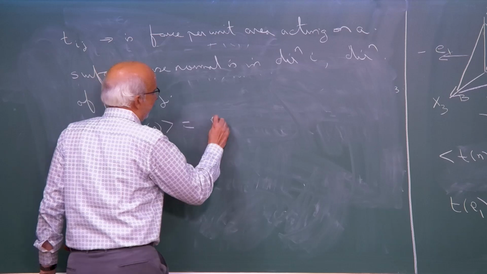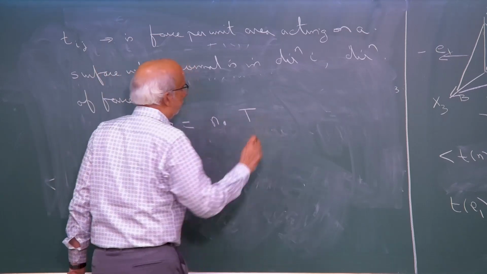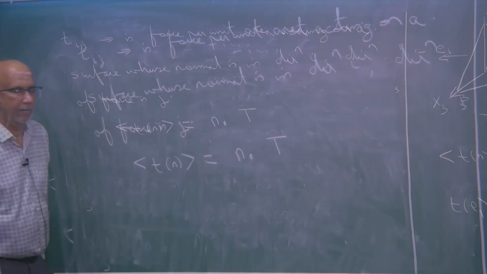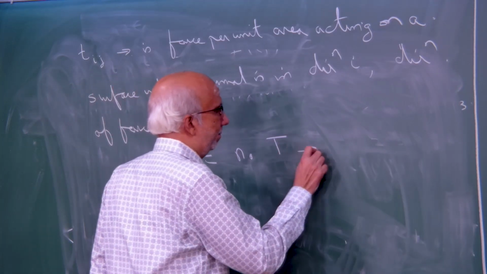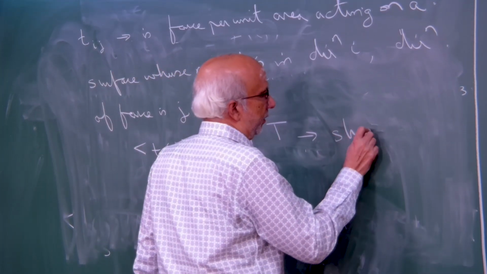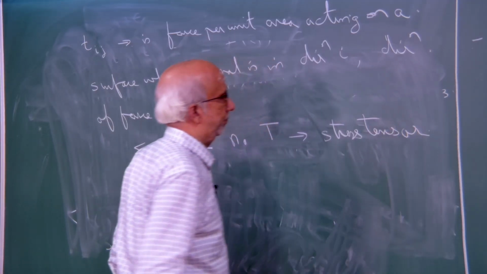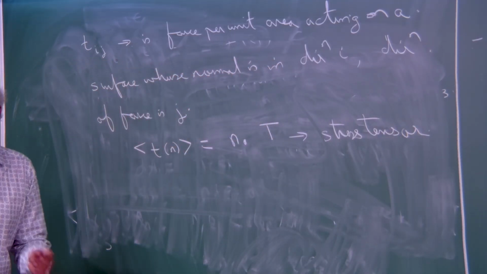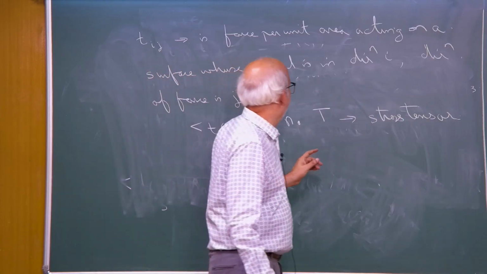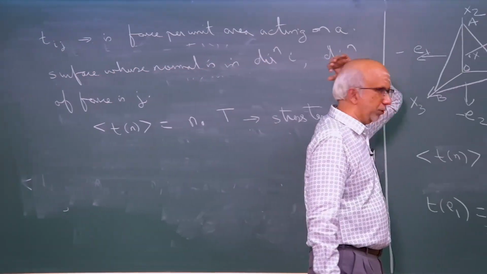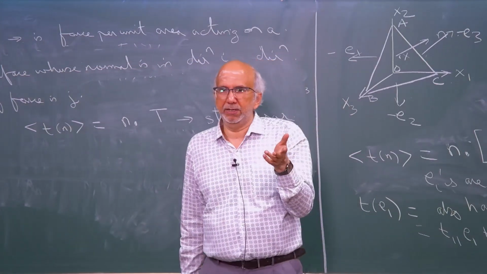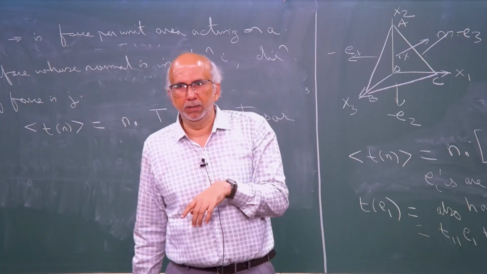this is written as n dot t, and this is called the stress tensor. Now, how does one calculate this stress tensor? So, basically you can see I have n dot t here.